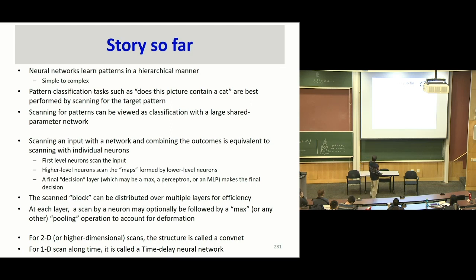Pattern classification tasks such as, does this picture contain a cat, are best performed by scanning for the target pattern. Scanning for patterns can be viewed as classification with a large shared parameter network. And scanning an input with a network and combining the outcomes is equivalent to scanning with individual neurons.